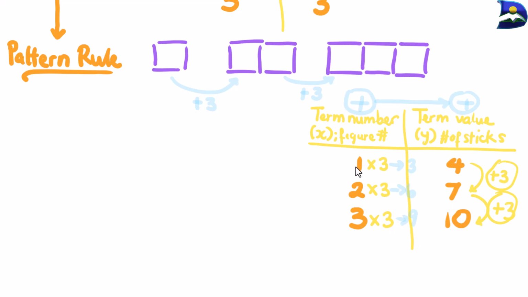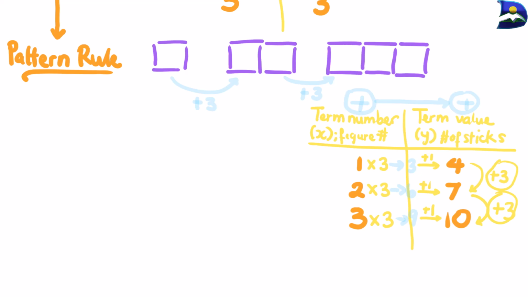Remember that we are journeying from term number to term value, and therefore what we realize is that, hey, once we add 1 to 3 we have 4, likewise from 6 to 7 we add 1, and finally from 9 to 10 we add 1.